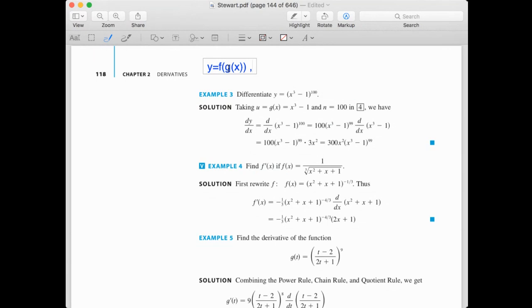You see the outside layer is to take the input raised to the 100th power. Then what's the inside layer? The inside layer is to cube the input and subtract 1.